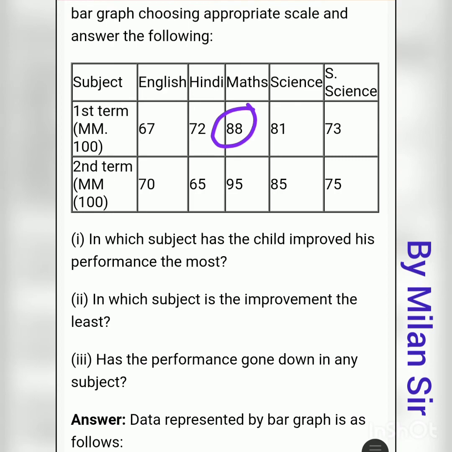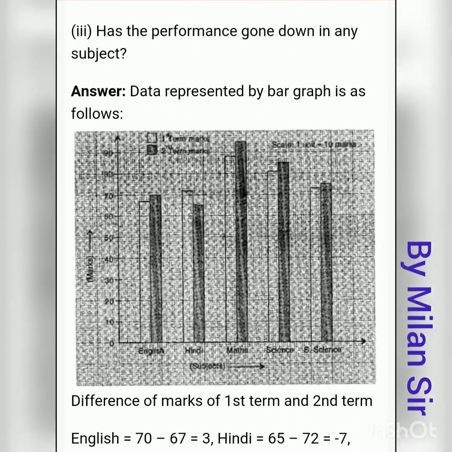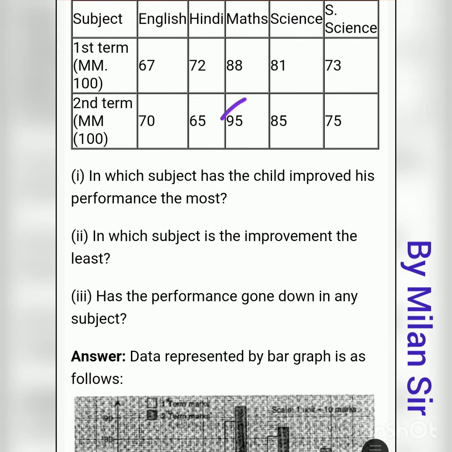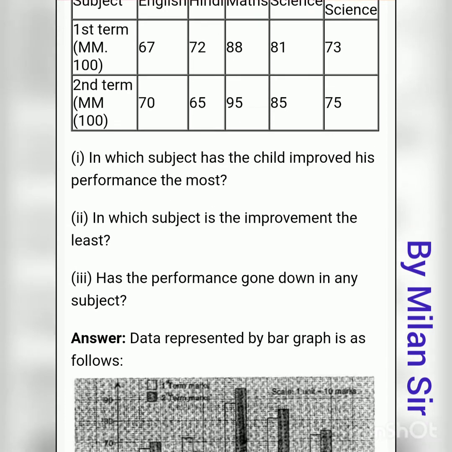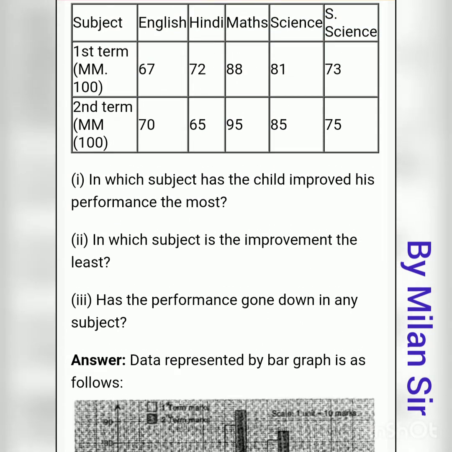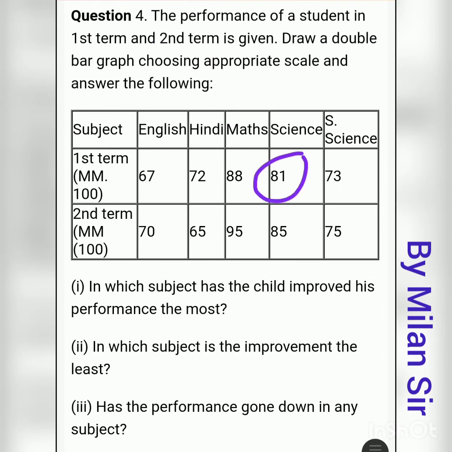In the blank column we represent 88, and in the second term 95, exactly in between 90 and 100. We fill up this portion, so it represents the marks of the second term. After that for Science, 81.